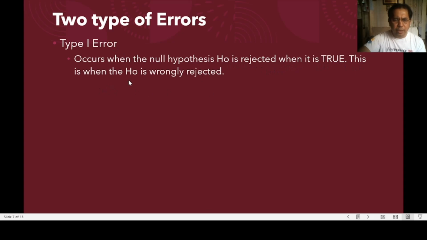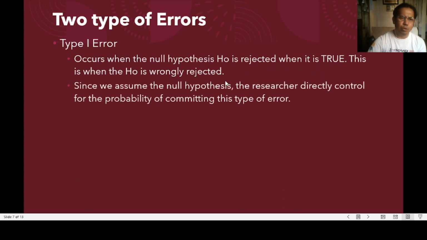This is when the null hypothesis is wrongly rejected, meaning it was established that the null hypothesis is really true, and you rejected it. Since we assume the null hypothesis, the researcher directly controls the probability of committing this type of error.